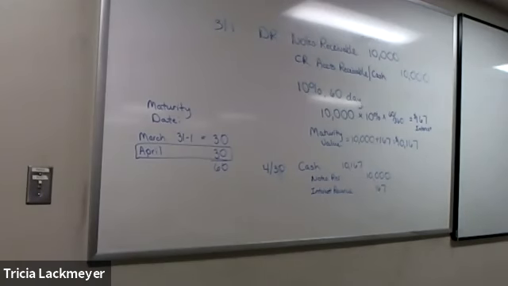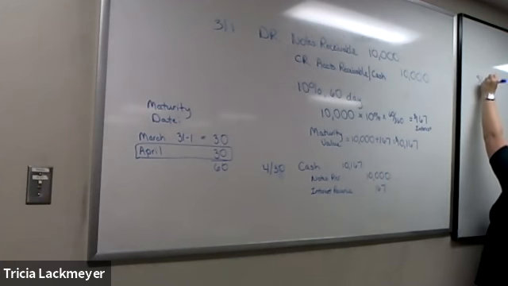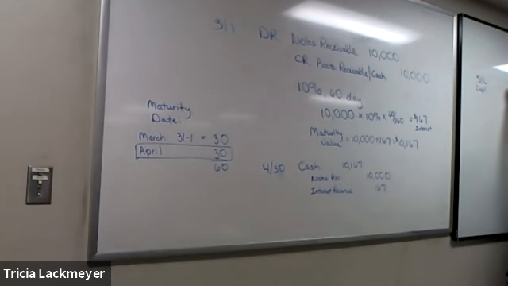As far as multiple choice goes, you want to know the different parts when we're calculating depreciation. For example, you want to know the formula for straight line depreciation. What is the formula for straight line depreciation? Cost minus residual value over useful life.